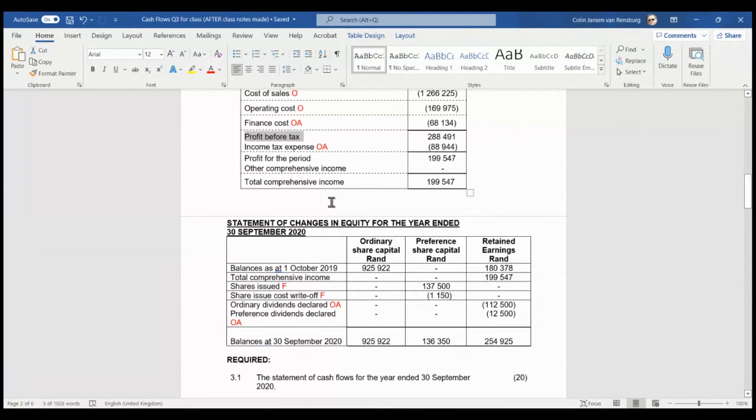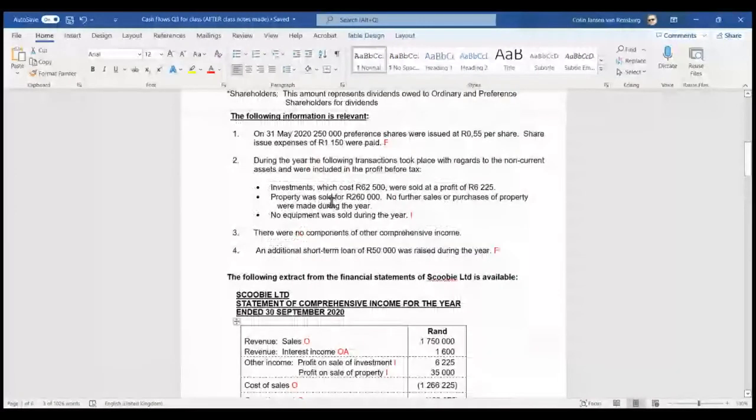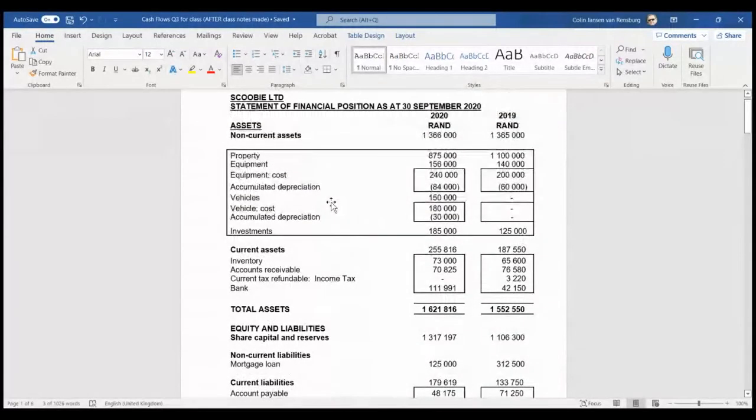If they had, then we could simply take them from our notes to the financial statements and complete that adjustment section and carry on. But in this question, they haven't. So that makes it a little bit trickier, which means that we will need to go and reconstruct our various non-current asset accounts.